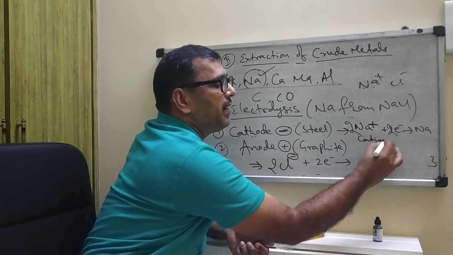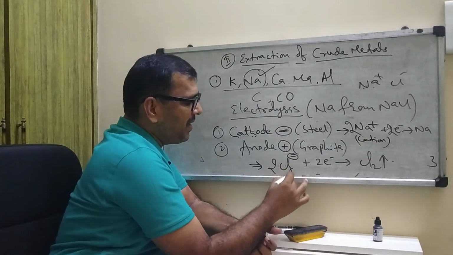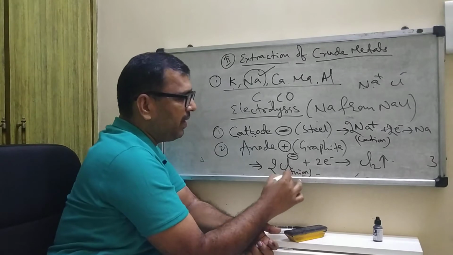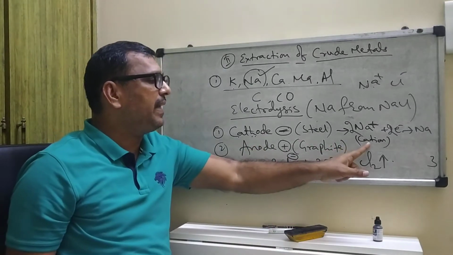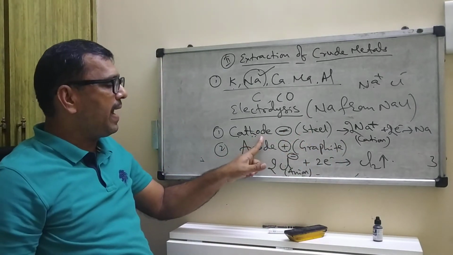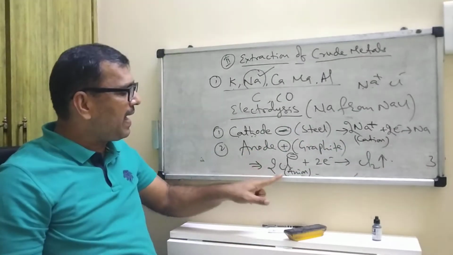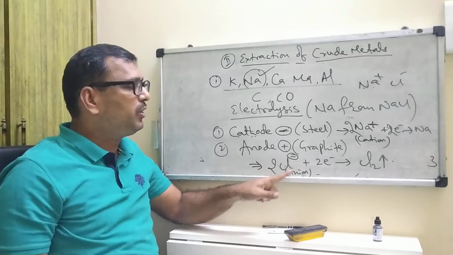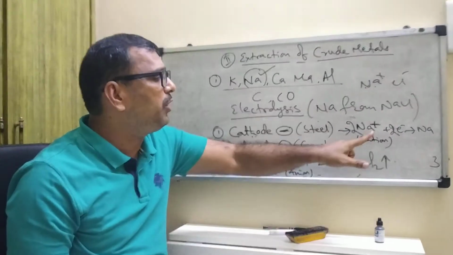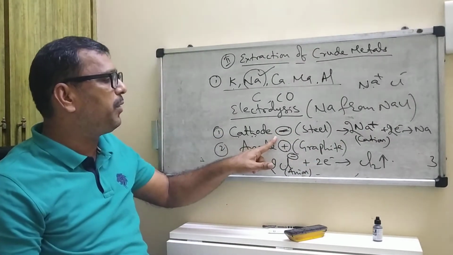This is very important. The negative ion is called an anion. The cathode attracts cations, and the anode attracts anions.